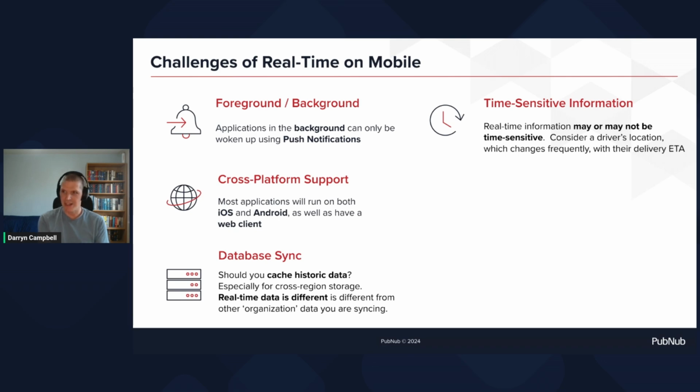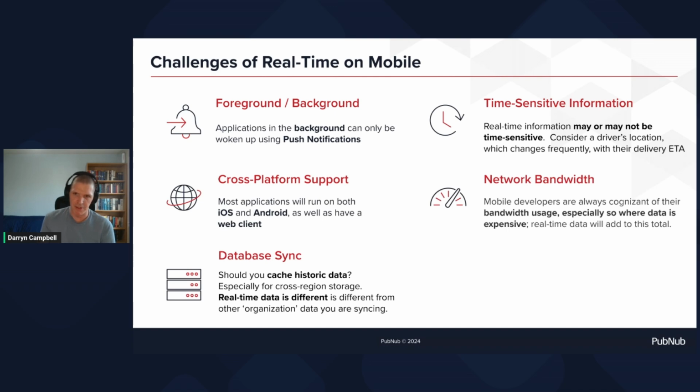I care where they are now. Especially if I'm getting updates at a rate of every 2 seconds, then don't bother telling me where he was 5 minutes ago. So this is a realization that if data is out of date, then don't present it to the user. If they come back from a background application, don't give them old data, just wait until new data comes in, depending on the frequency that you're exchanging real-time data.